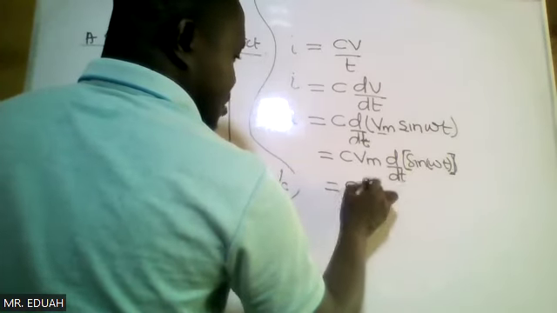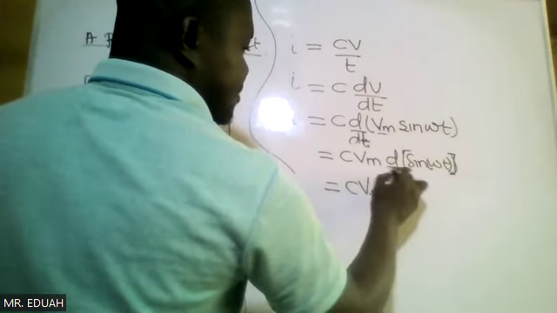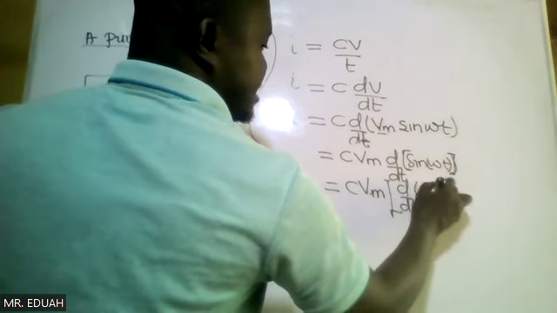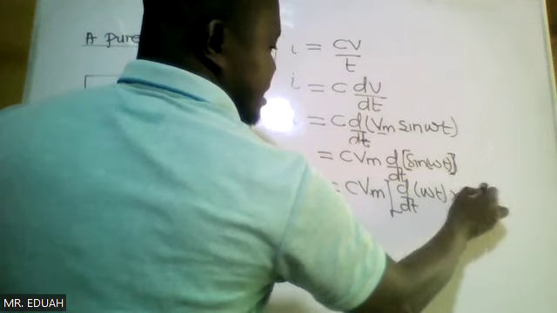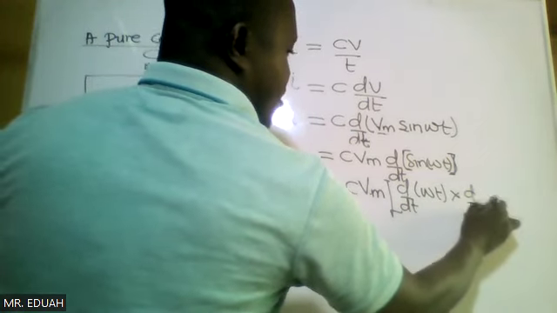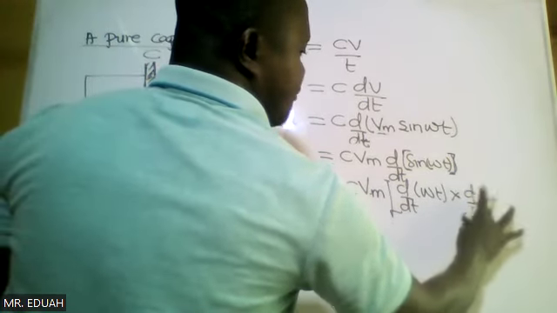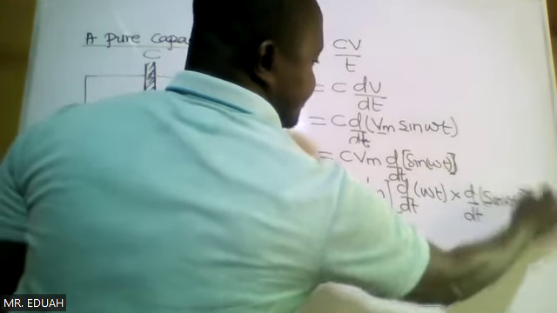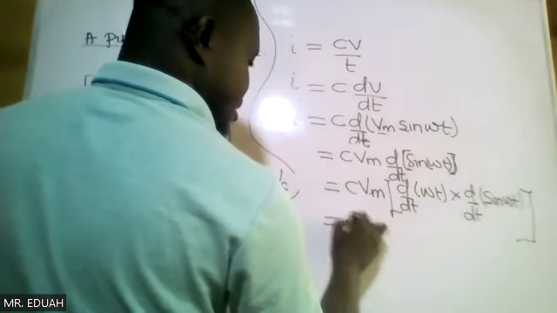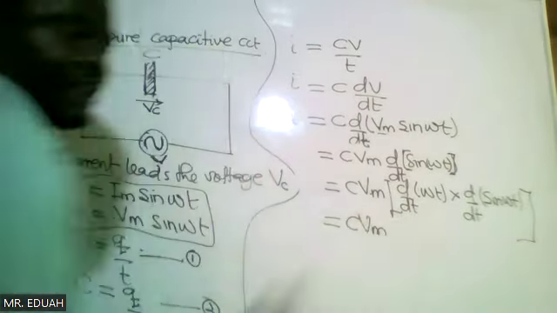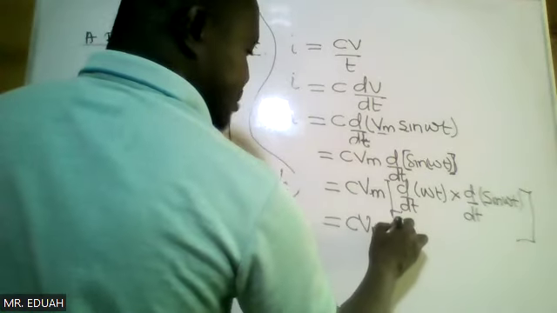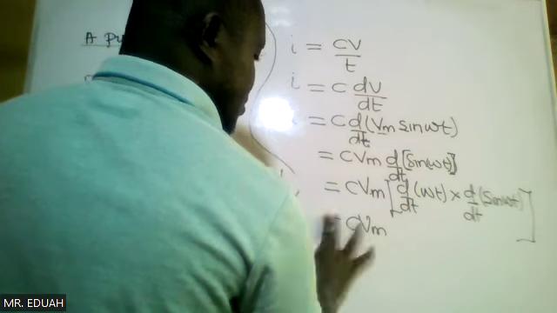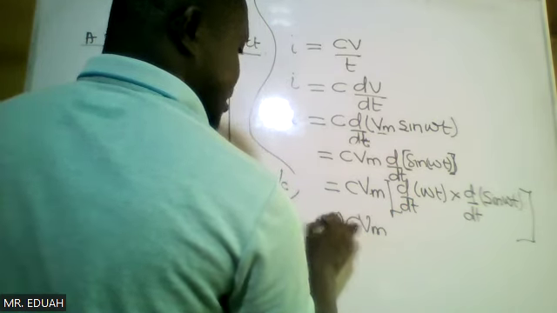So we have d/dt of omega t times d/dt of sine omega t. When you differentiate omega t, it's equal to omega.